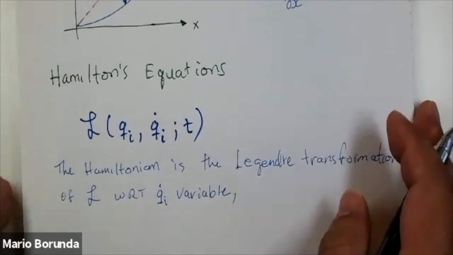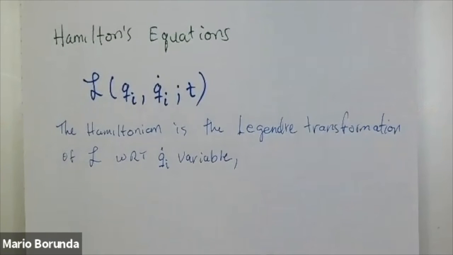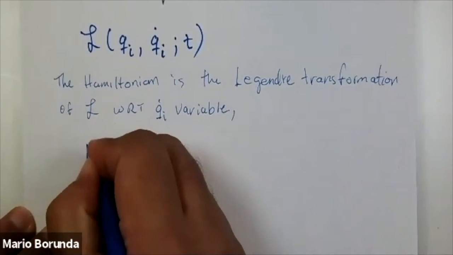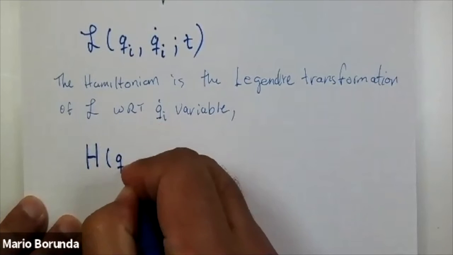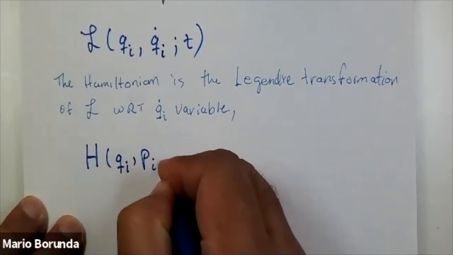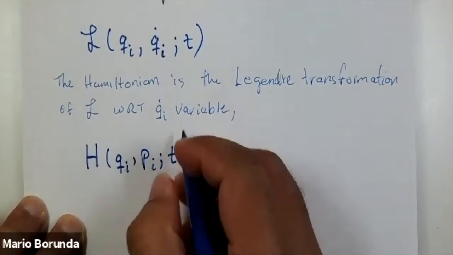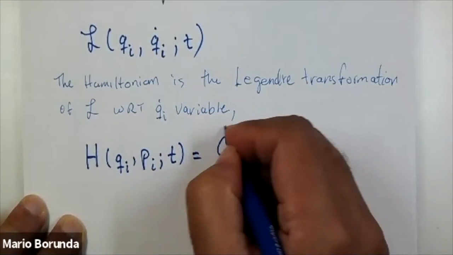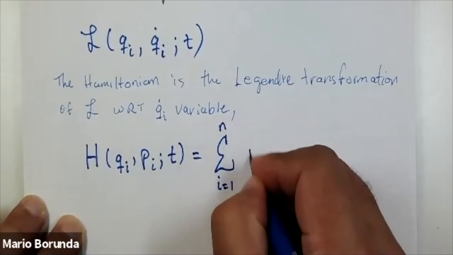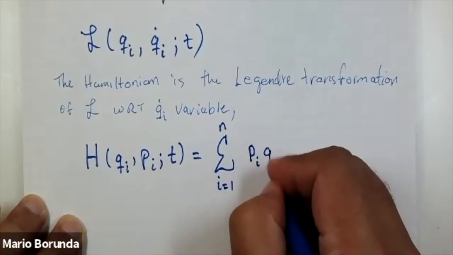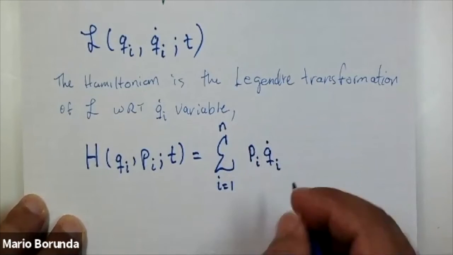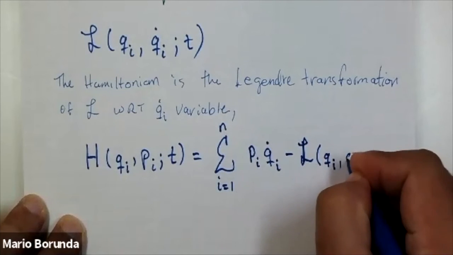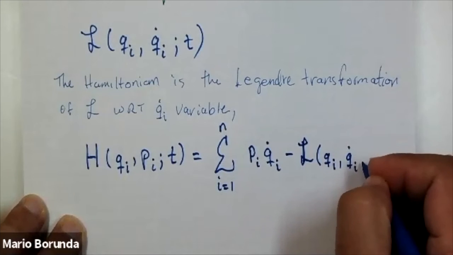So if we do that, we get that our Hamiltonian, maybe it also depends on time, is equal to a summation from i equals 1 to however many you have, let's say n, of your p i times q i dot, which is the x of before, minus the Lagrangian that goes q i, q i dot, and time.